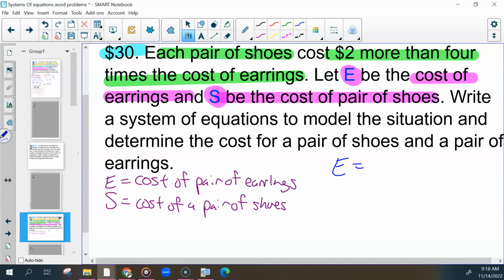Not 2 times. More than. What operation would that be? For not multiplying, for more than, what operation do we think that would be?